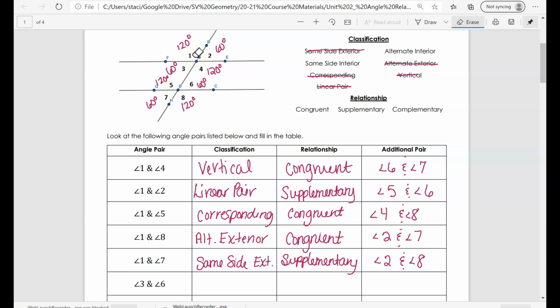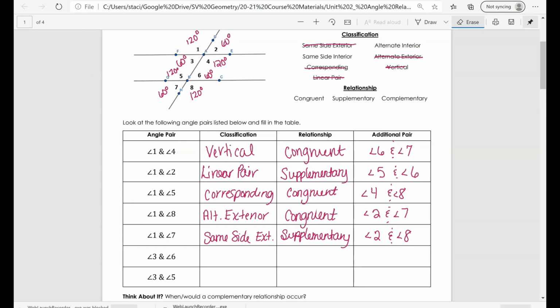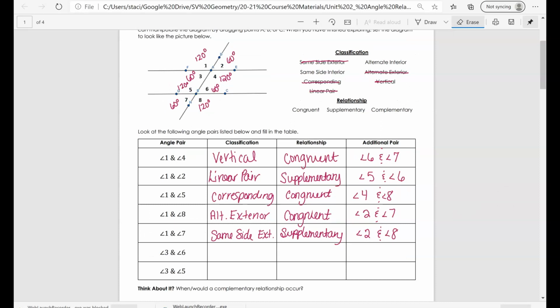All right, let's look at our remaining two sets. We have angle 3 and we have angle 6. Now angle 3 and angle 6 are both 60 degrees, so I can conclude they are congruent to each other. And if I look at where they're located in terms of the transversal line, they're on opposite sides of the transversal.